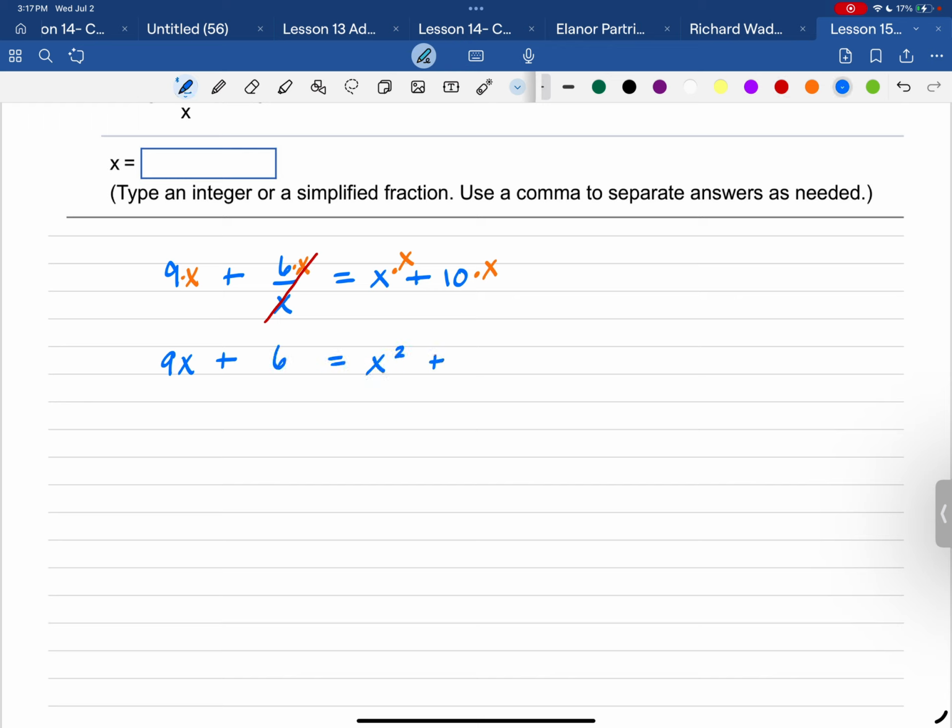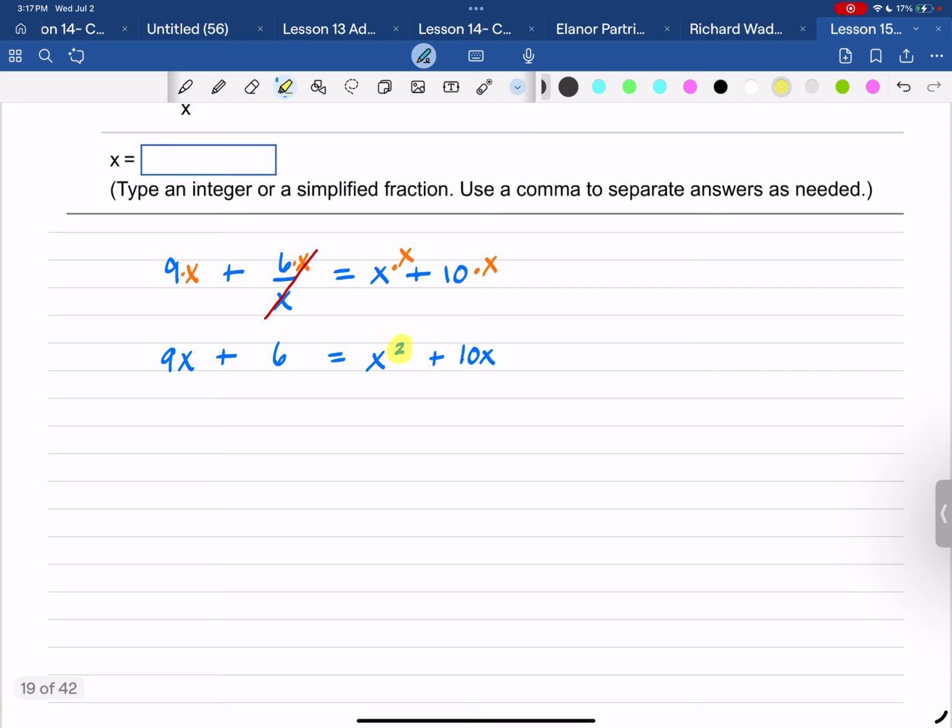equals x squared plus 10x. Now at this point, you should recognize that you have a square. And when you have a square, that means you're going to get 2 answers. Okay? So you're going to have to set it equal to 0, and you're going to have to factor to solve.